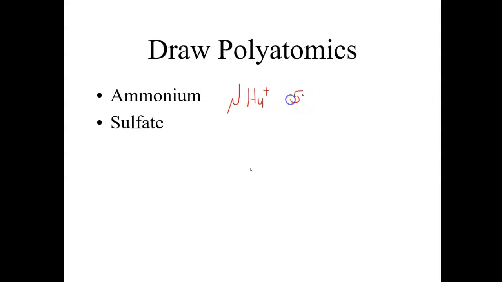So 5 plus 4 equals 9, but we have to take 1 away from that because of this positive here, and we end up with 8 valence electrons. NH4, and then you add your plus sign. Okay, so we'll do sulfate in class.